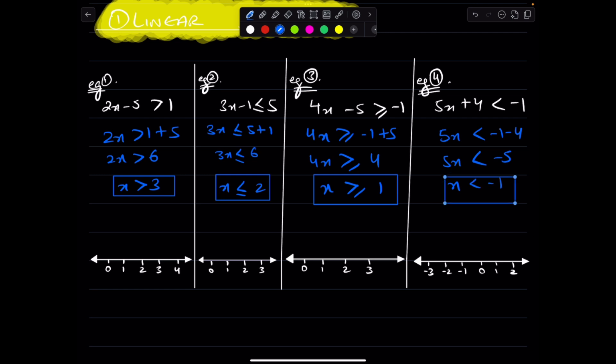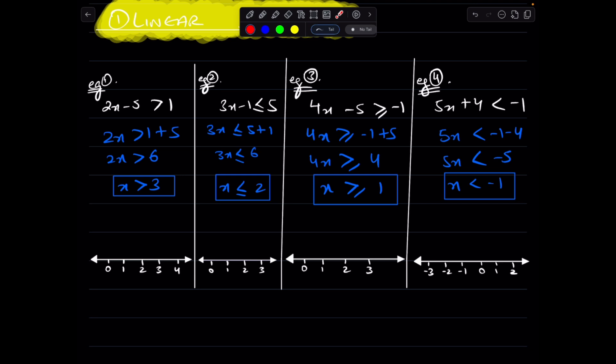Now, how to represent these inequalities? So, if we have a less than sign or a greater than sign, we'll use an empty circle. But if we have a less than equals to sign or a greater than equals to sign, we'll use a filled circle.